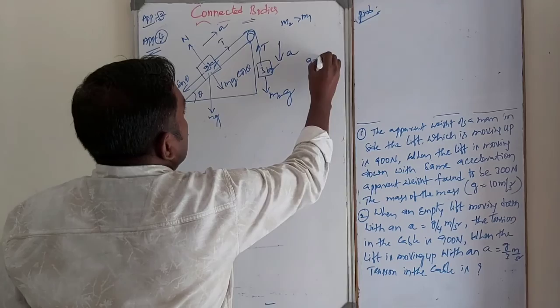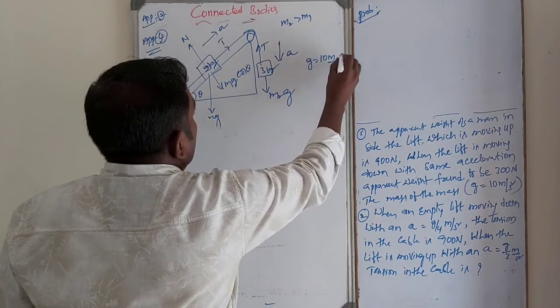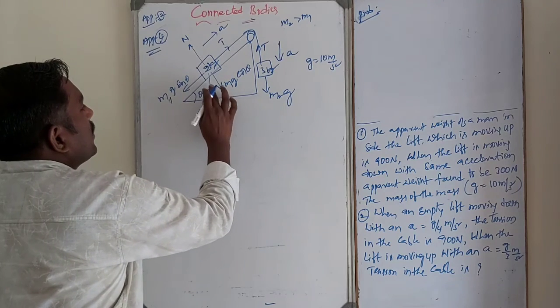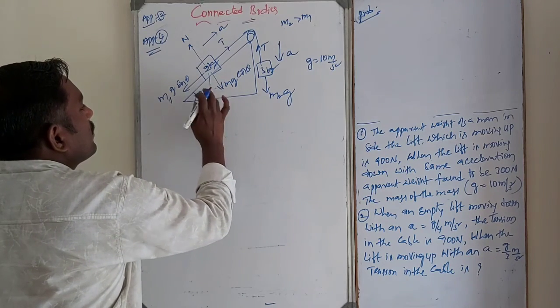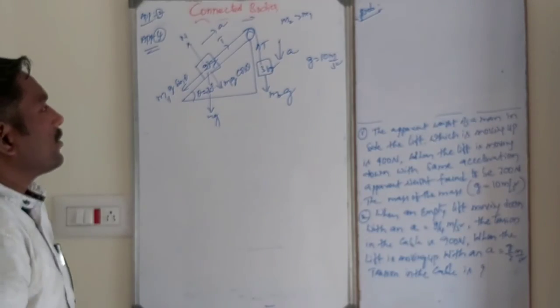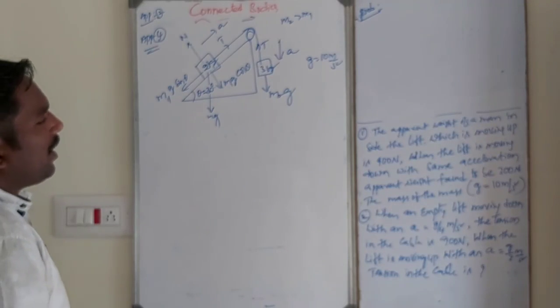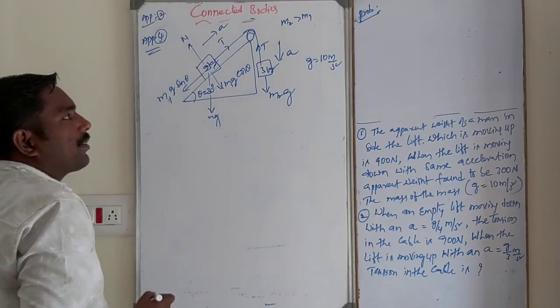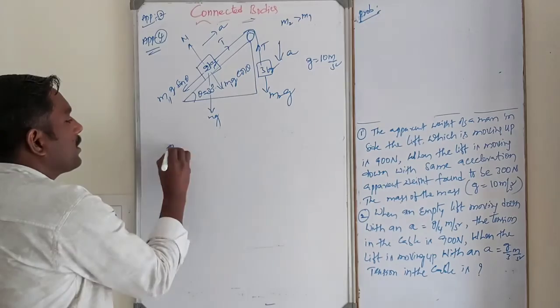I will take g equal to 10 meter per second square, and theta is 30 degrees. Find the acceleration of the system and hence calculate the tension also. First of all, we calculate the acceleration of the system.